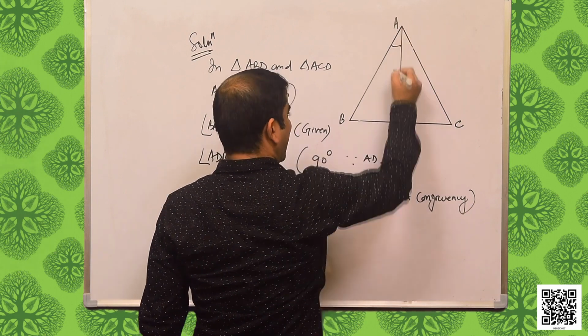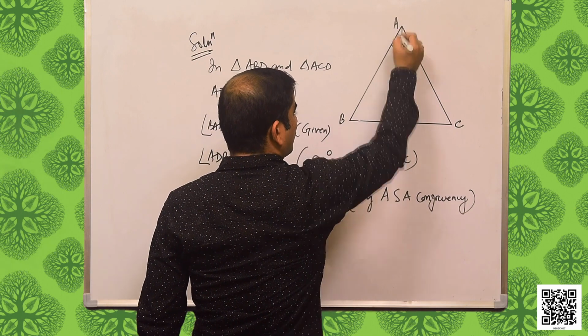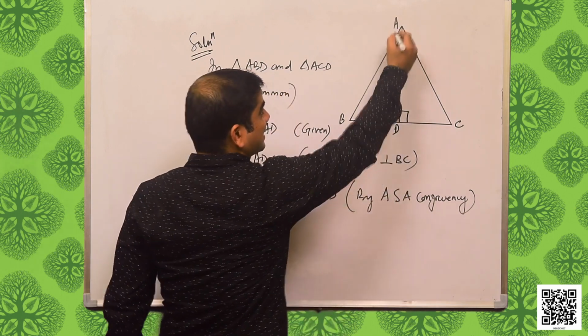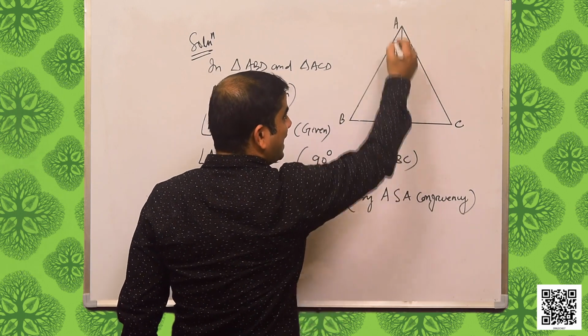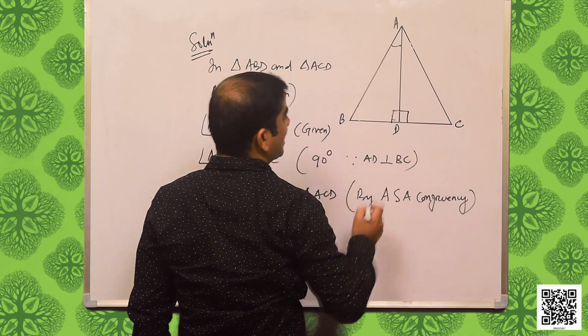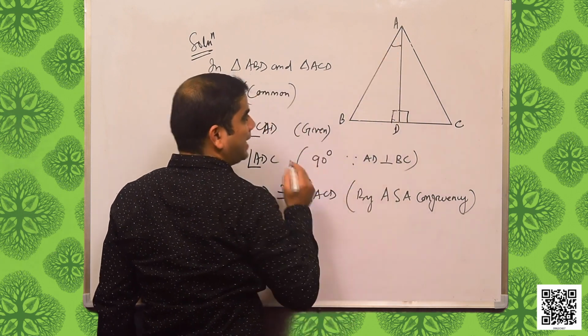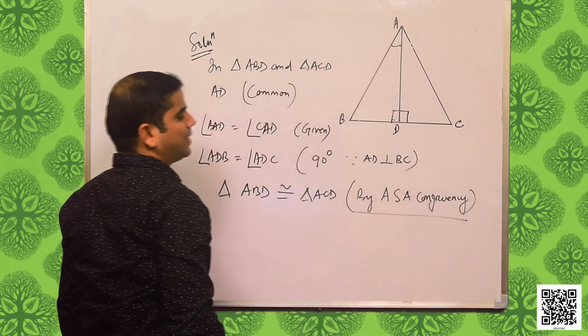AD is the arm of angle BAD as well as angle ADB. So triangle ABD is congruent to triangle ACD by angle side angle congruency.